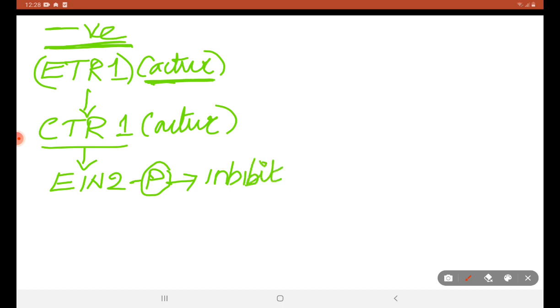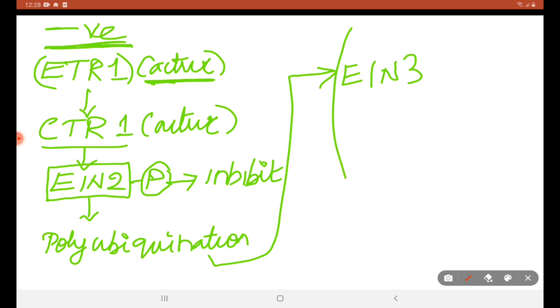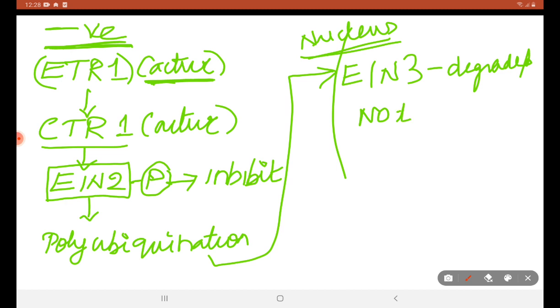They inhibit proteolytic cleavage and fragment migration and this leads to polyubiquitination. Then EIN3 enters into the nucleus and is degraded. No transcription occurs.